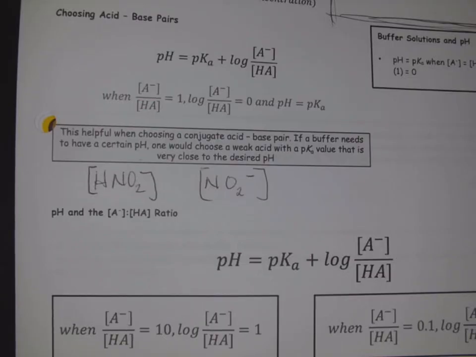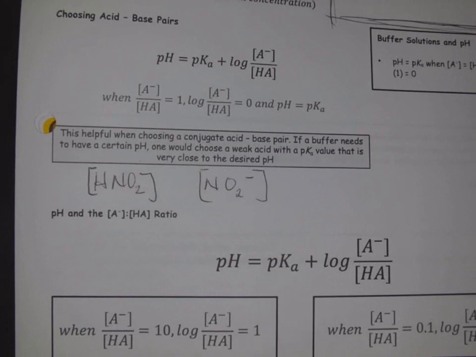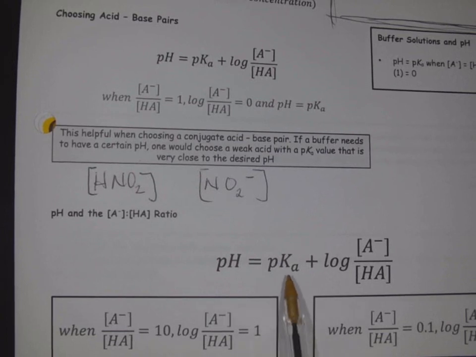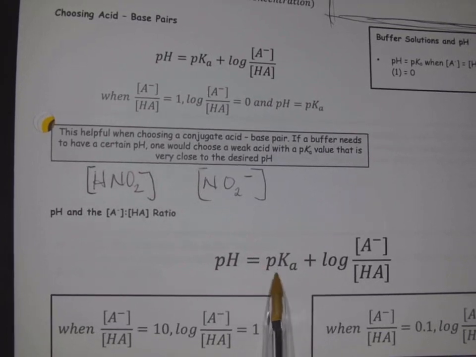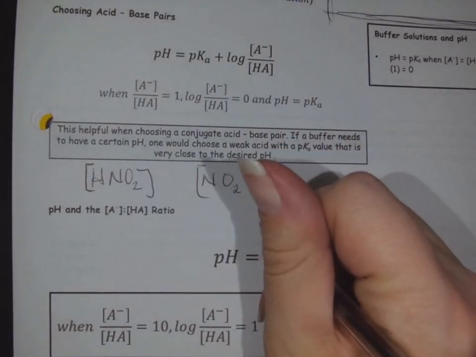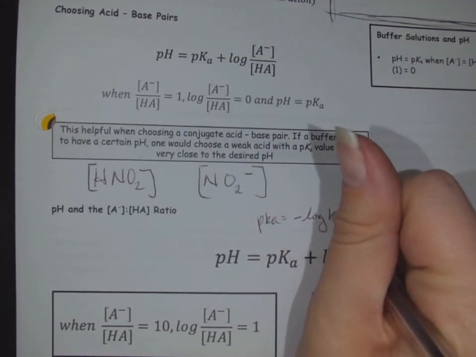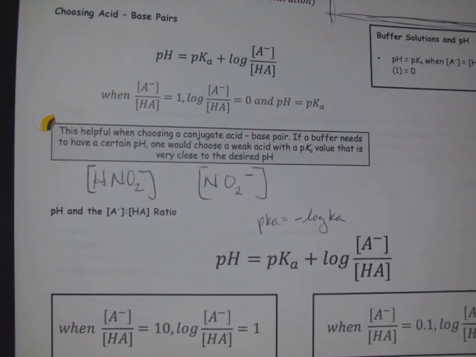Don't change it to Ka, or take the negative log of it again. So be really careful about what they're telling you. Did they give you Ka, or did they give you pKa? Then just put it in the equation. If they gave you Ka, just remember to get pKa, we'll do negative log of that Ka value. And that's how we can figure out our pH.